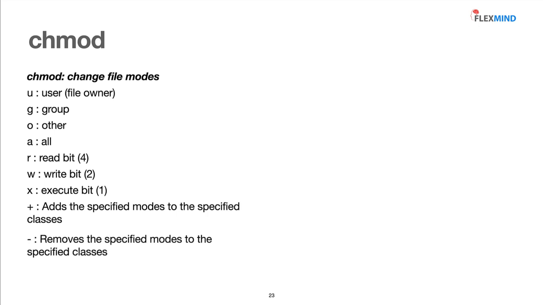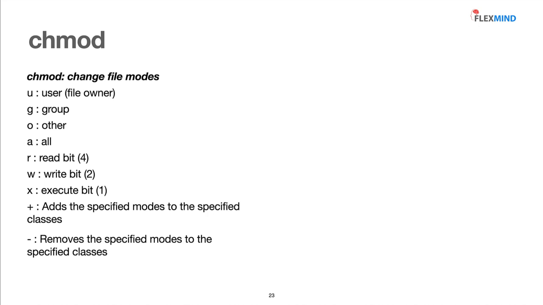Now hyphen is also there, where you want to remove a particular specified mode from the specified class. When I say class, it is the user, group, or other. Or maybe you want to remove some permission, so you can use u plus or u minus. Like in user, I want to reduce some permission.